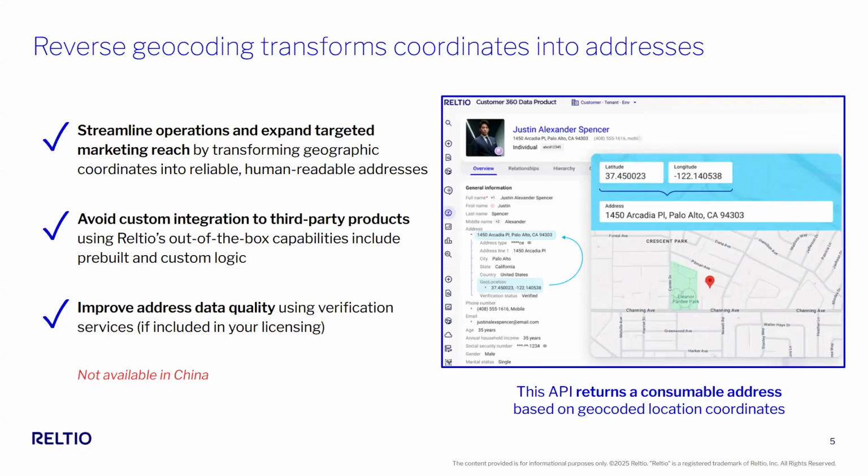In this scenario, the businesses are not able to interact with the customers. They're not able to send them marketing content or service those customers at all. So it becomes really important for those companies to have the complete address so they can provide equivalent and good service to other customers.